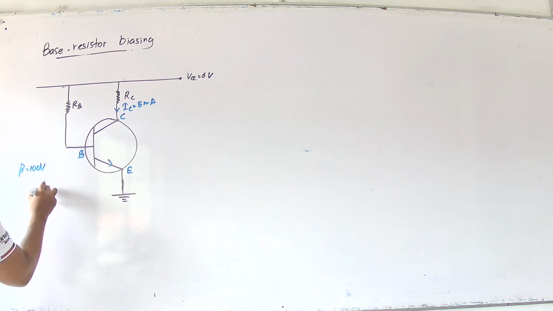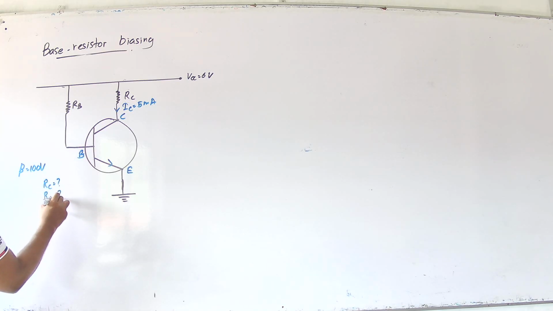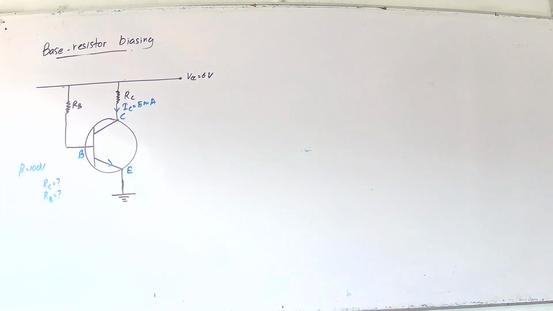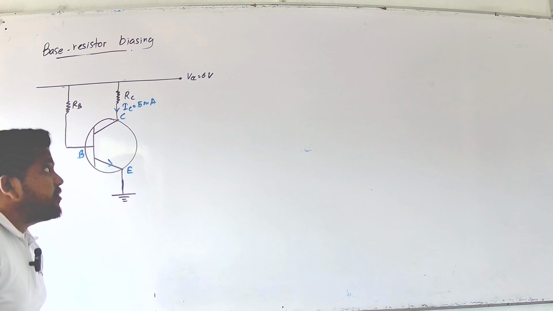So you need to find out the RC value and RB value. VCE value is taken as VCC over 2.